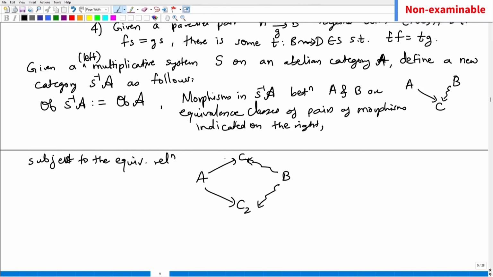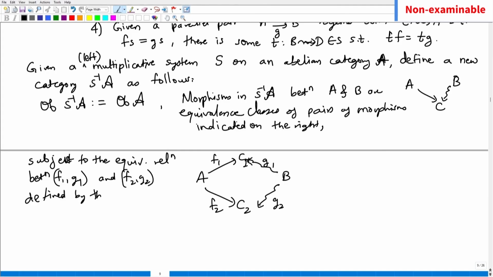These two sinks are said to be equivalent, this is F1, G1, F2, G2, if there exists this diagram between F1, G1 and F2, G2, defined by the existence of F3, G3 and let's say H and K. I am going to use a different color because I can.